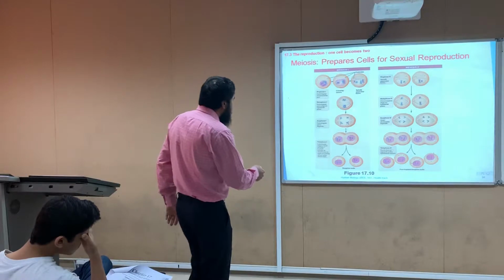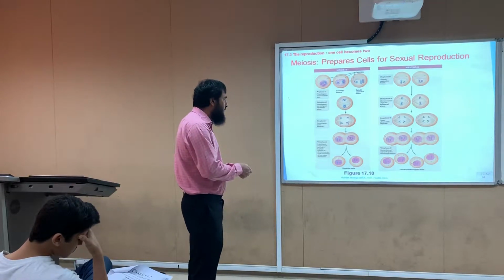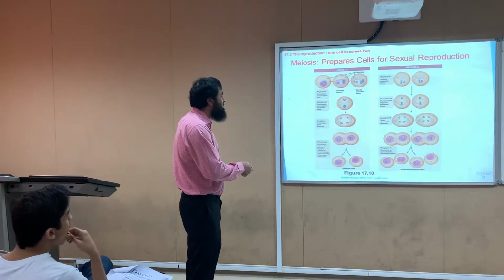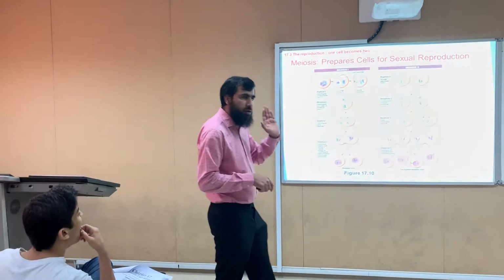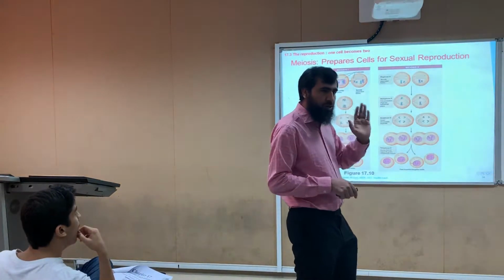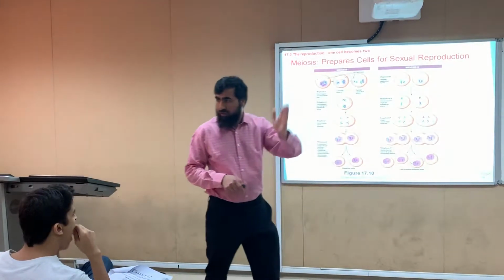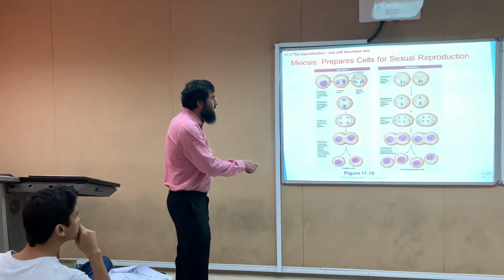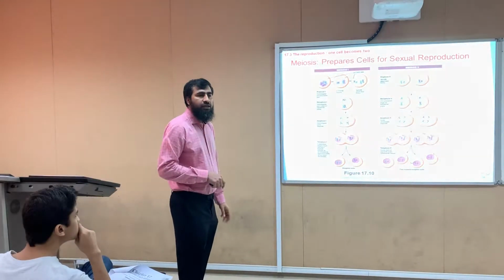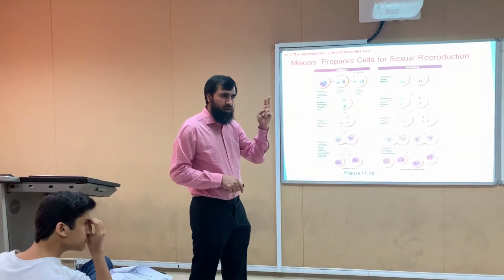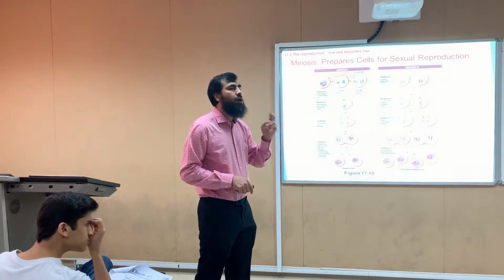However, remember that in metaphase in mitosis, all 46 chromosomes line up at the equator. In meiosis 1, the 23 homologous pairs line up, because we're separating homologous pairs.